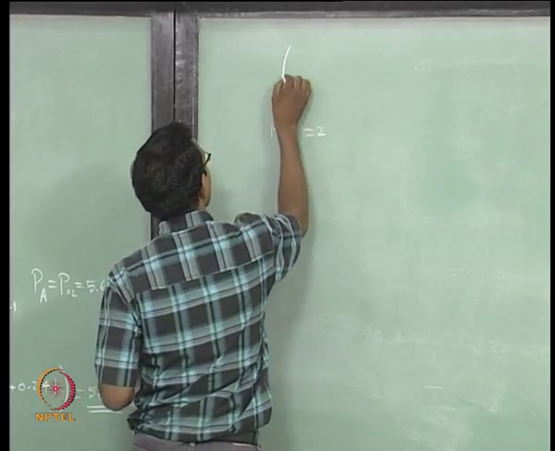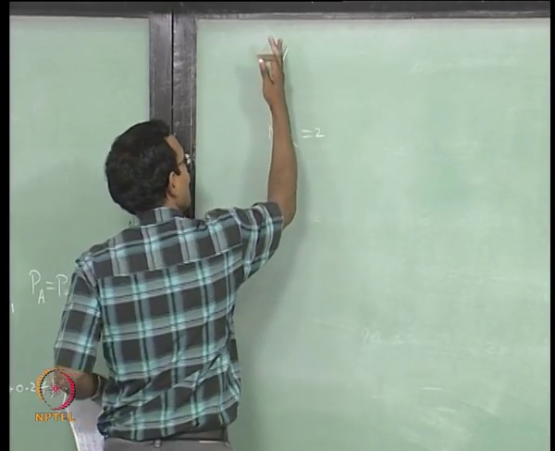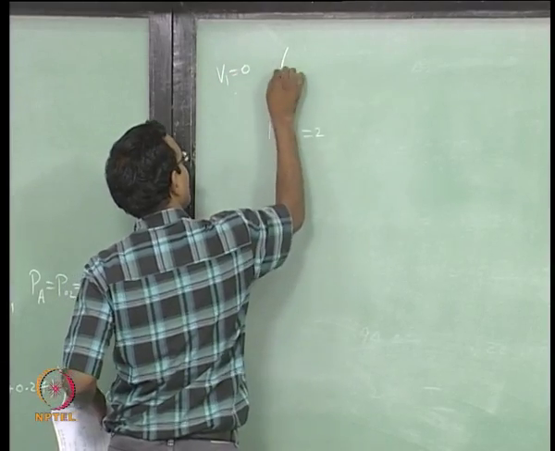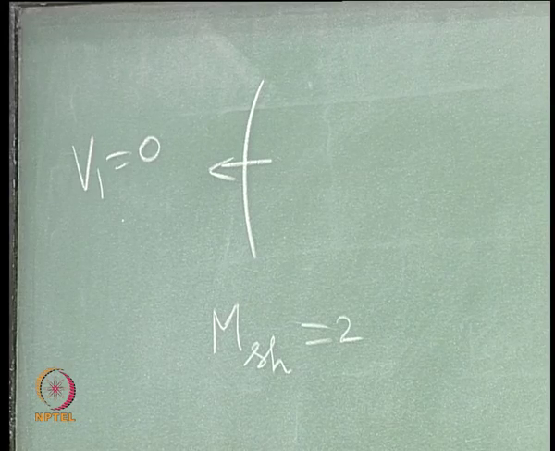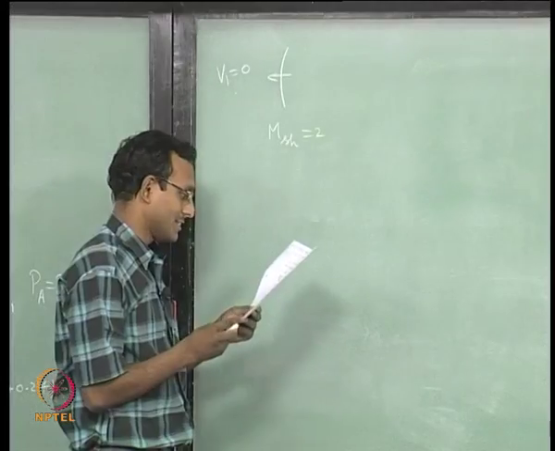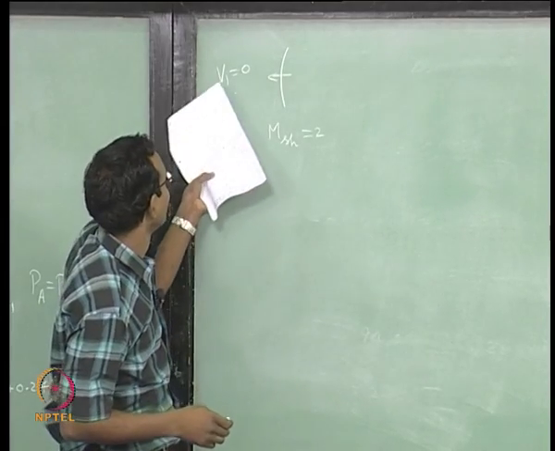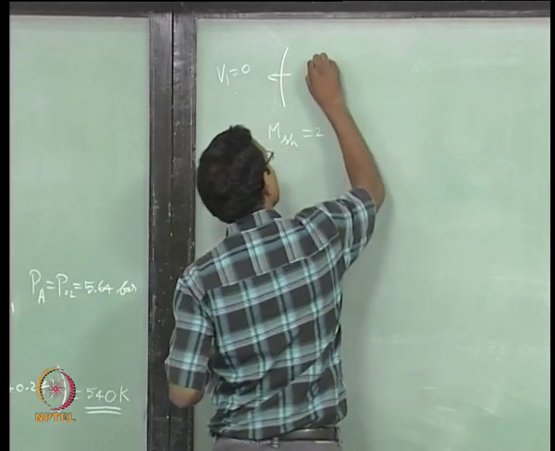If I look at it from the outside reference frame, it will look like this: a Mach 2 shock is moving into still air, V1 equal to 0, going this way. I want to solve this problem. First thing I want to do is find the shock speed. I know V1 is 0, I want to find A1, with the cylinder still here.